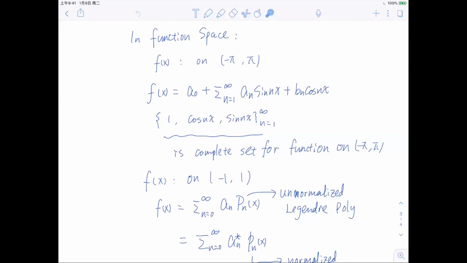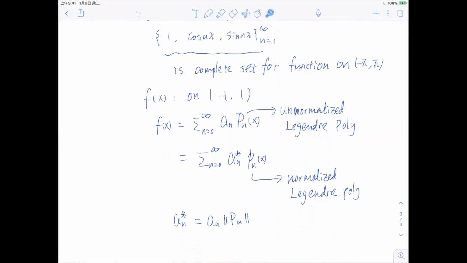And that means such a set consisting of 1, cosine nx with different n, and sine nx with different n, is a complete set for functions defined on minus pi to pi.